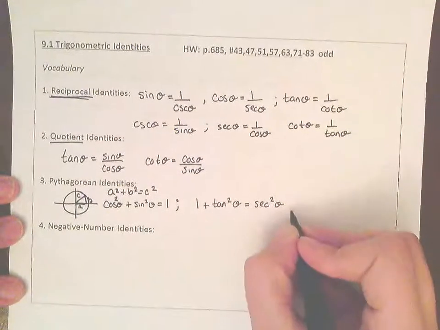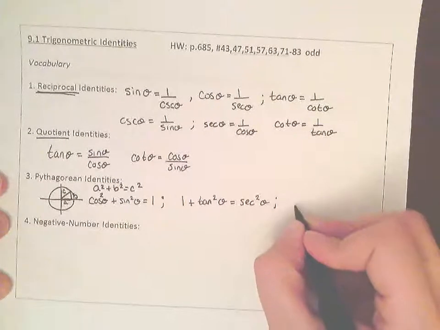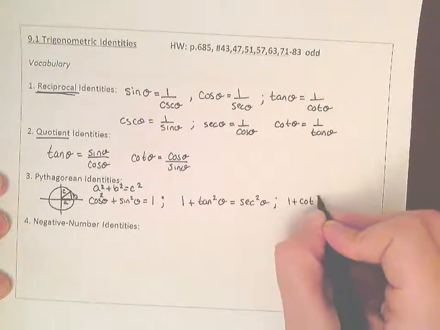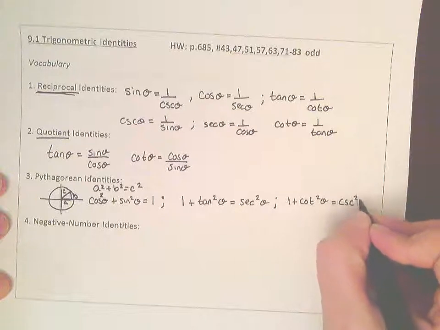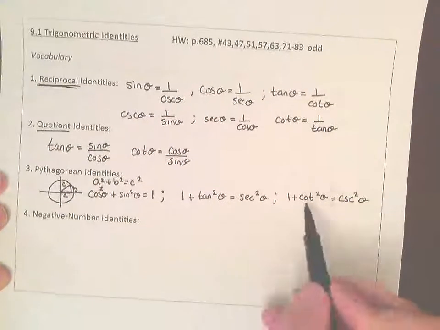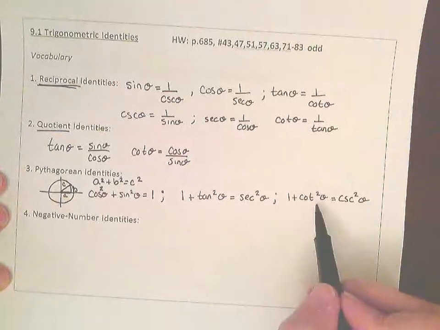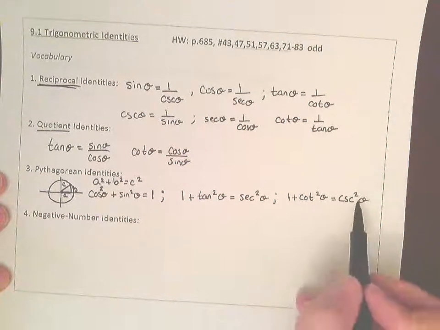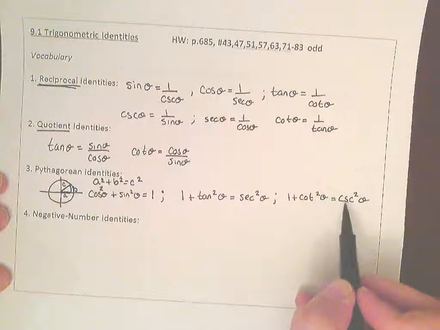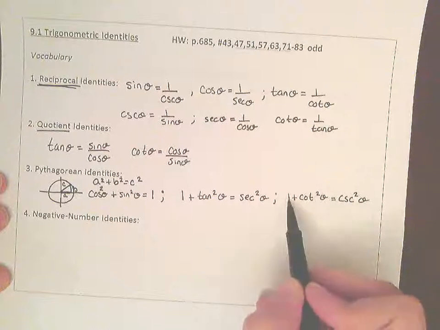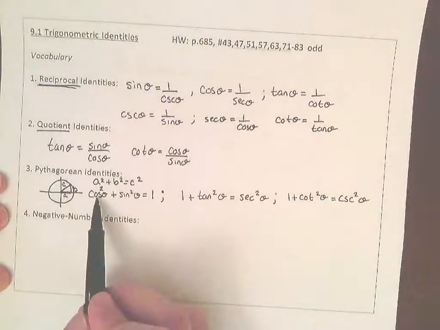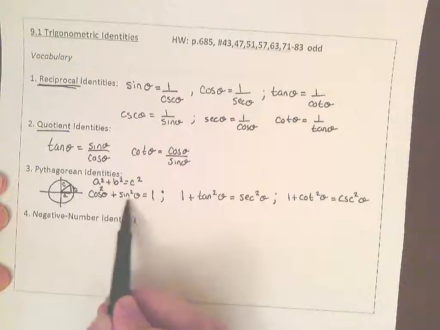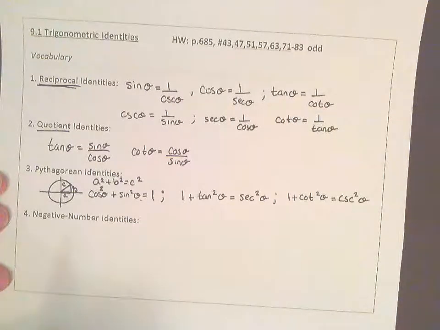And then the last one is going to be 1 plus cotangent squared of theta is equal to cosecant squared of theta. And remember, you can write these in different ways. So I can move, for example, cosecant squared of theta minus 1 is equal to cotangent squared of theta. Or I can say that cosine squared of theta is also equal to 1 minus sine squared of theta.